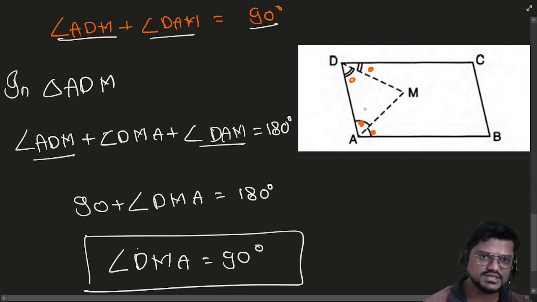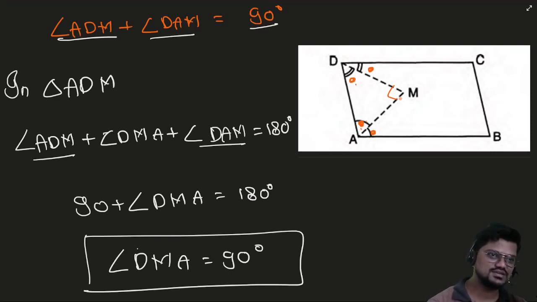Now the sum of this angle and this angle is 180 degree. This angle is half of this, and this angle is also half of this. So the sum of these two angles will be half of the whole angle, that is 180, that is 90. If the sum of these two angles is 90, then this angle has to be 90. That's it. Understood, sir.